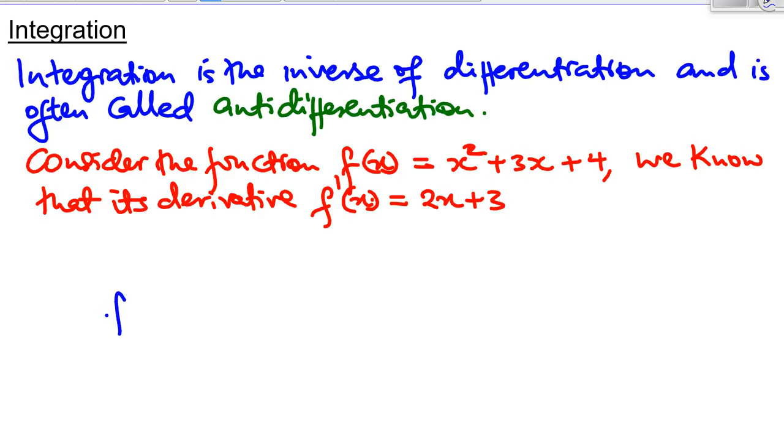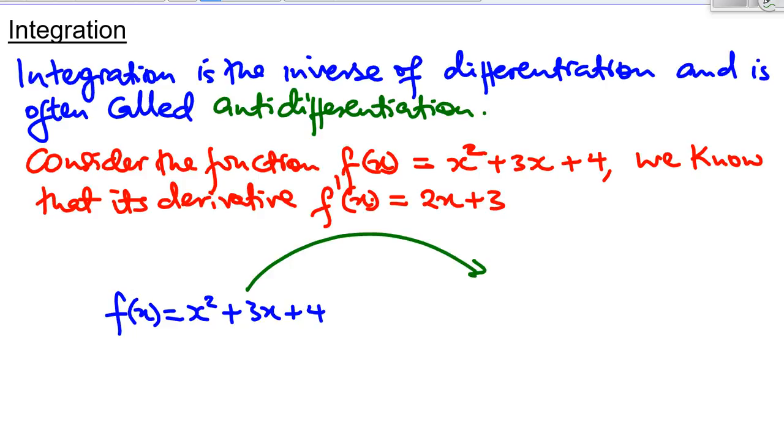So this is our original function, x squared plus 3x plus 4. If we differentiate it, we end up with a new function, which will be the derivative of the original function, which will be 2x plus 3.